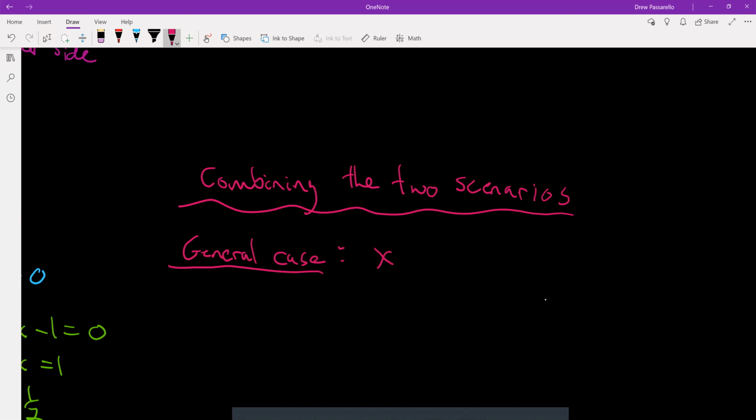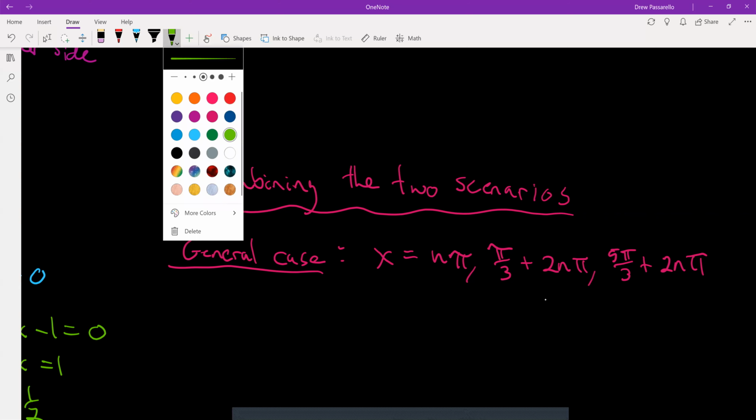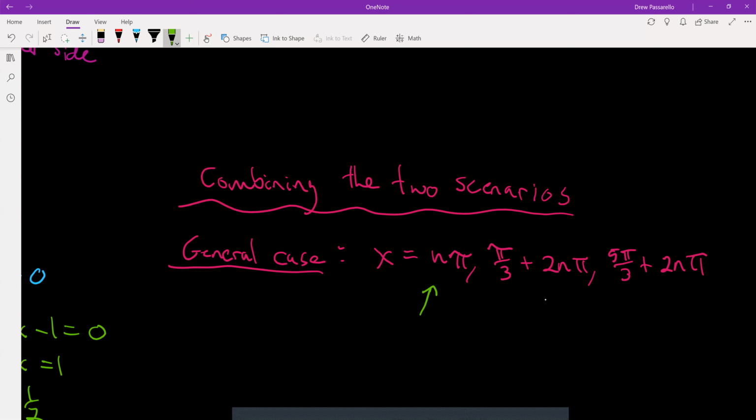So x is n times pi, that's scenario 1. And the other case was pi over 3 plus 2n pi, and then 5 pi over 3 plus 2n pi. All right. And again, this is scenario 1, and these two were scenario 2.